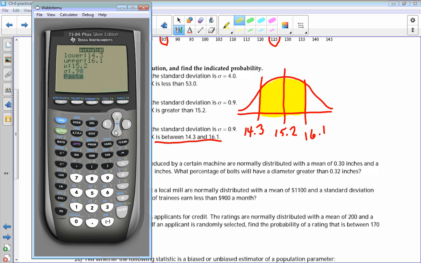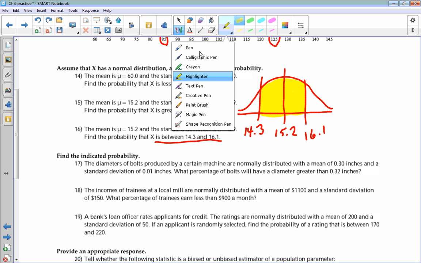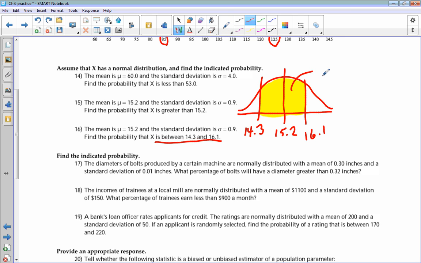So you put all of that information in, and you'll find that answer is 0.6827. And this one is number 16.